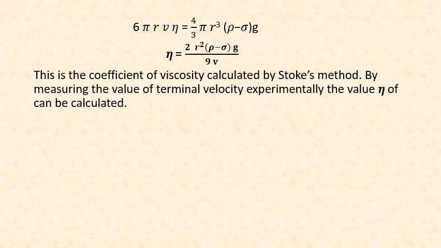So finally we get eta as 2 r square (rho minus sigma) g, whole divided by 9 v, where r is the radius of the steel ball, rho is the density of the steel ball, sigma is the density of the liquid taken, and g is the acceleration due to gravity. v can be experimentally measured by measuring the time taken for the steel ball to travel a specified measured distance through the liquid. Thus, we can calculate the coefficient of viscosity by Stokes method.